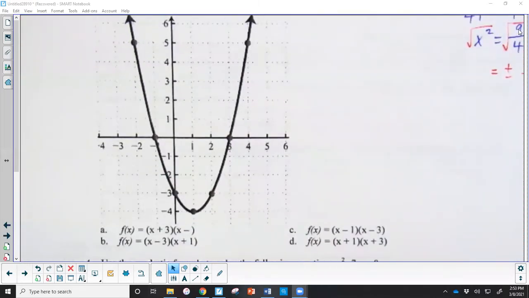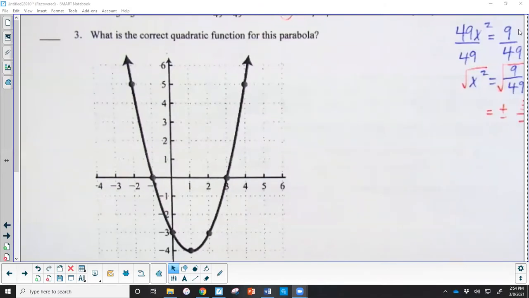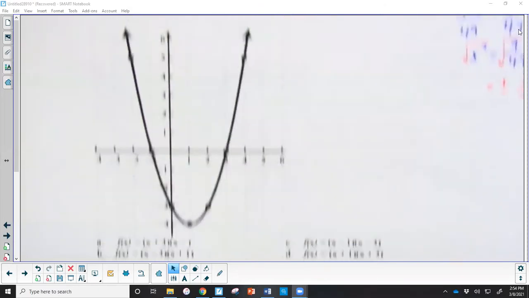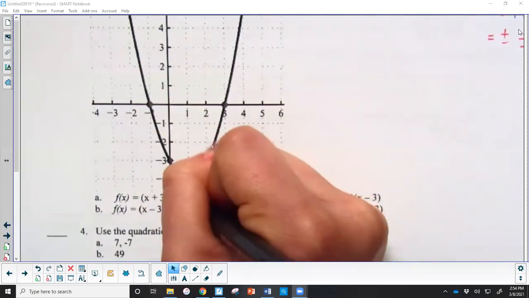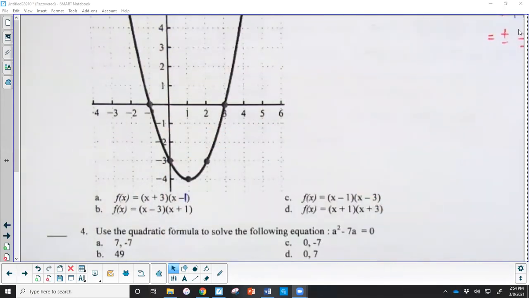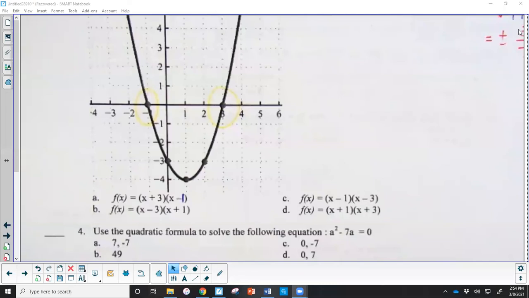All right, the graph. What is the correct quadratic function for this parabola? There are 2 different ways that you could solve this one. I think this one's supposed to be a 1 right here in that answer choice. You can look at the intercepts of -1 and +3.